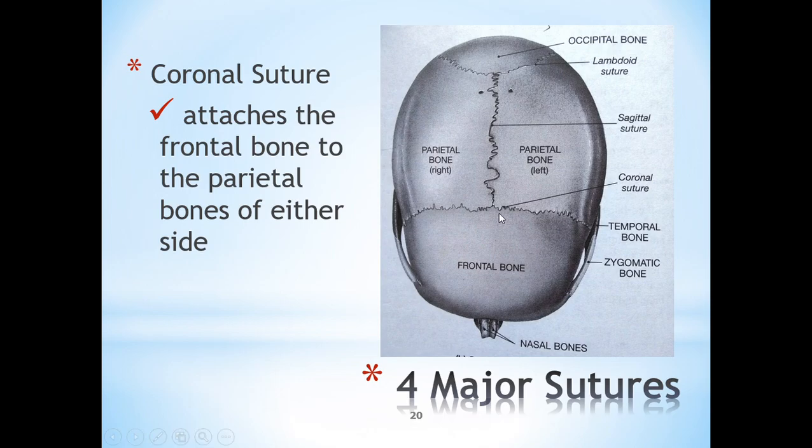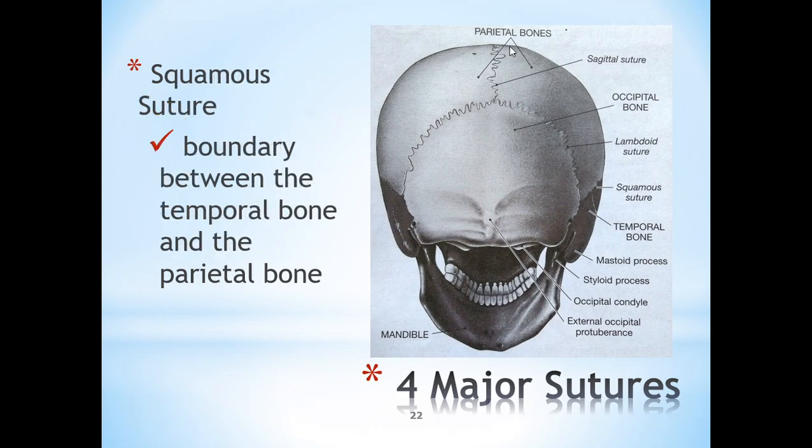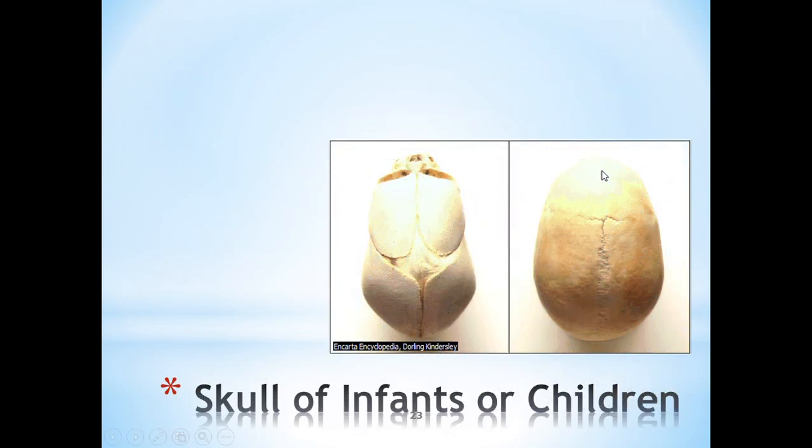And then the sagittal suture extends from the lambdoid suture to the coronal suture between the parietal bones. It is at the middle, the midline of the skull. And then the squamous suture is located at the boundary between the temporal bone and the parietal bone. It is at the side, somewhat like in your ears. Those are the 4 major types of sutures in your skull.